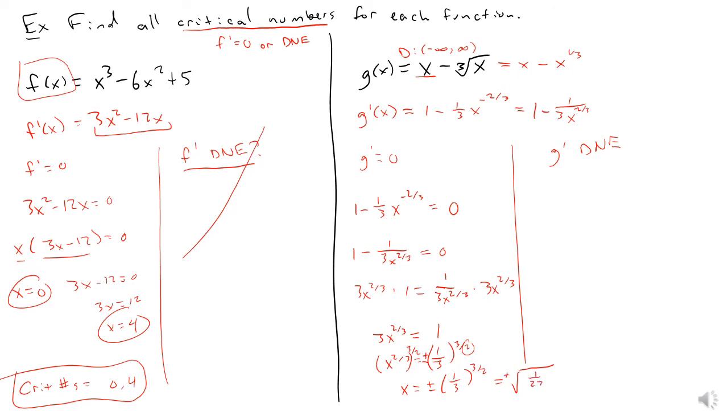And we still have plus or minus that square root. Which way you write it doesn't really matter, they mean the same thing. But in the end, these two numbers, positive square root of 1/27 and negative square root of 1/27, are both critical numbers for this function, because those are two numbers where if I plug them into my derivative, I will get 0 for my answer.